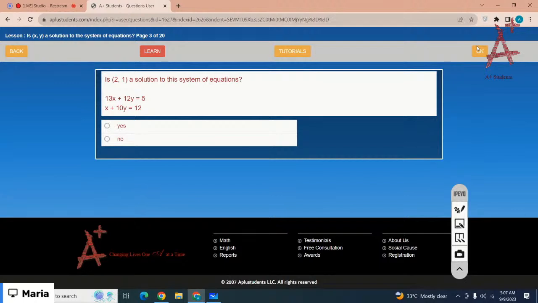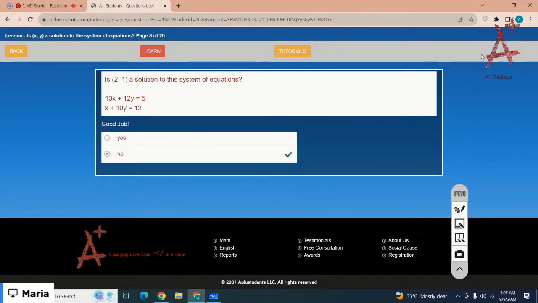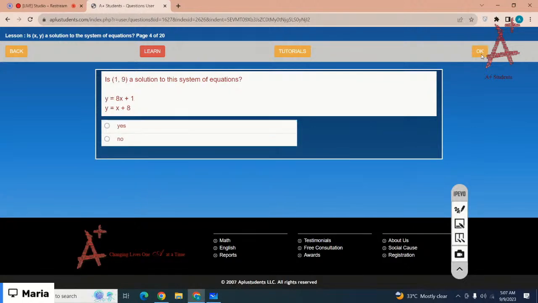The correct option is no. This is not the solution of the linear system, so the answer is no. Is (1, 9) a solution of the system of linear equations?